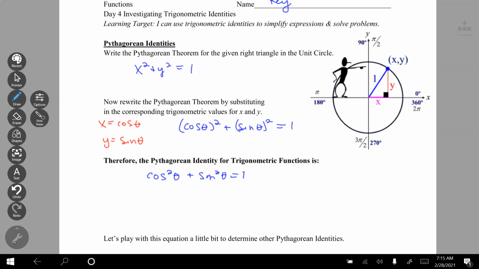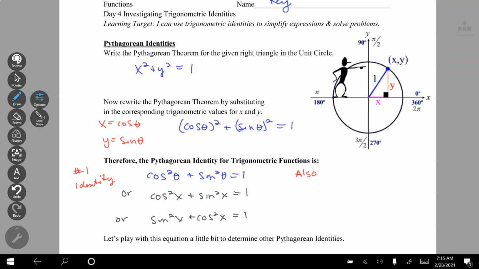Or sometimes we use the letter x instead of theta, so cosine squared x plus sine squared x is equal to 1. But this is addition, so it doesn't matter the order. And this is the number one identity in trigonometry because it's based off the Pythagorean theorem, the number one theorem of all time.